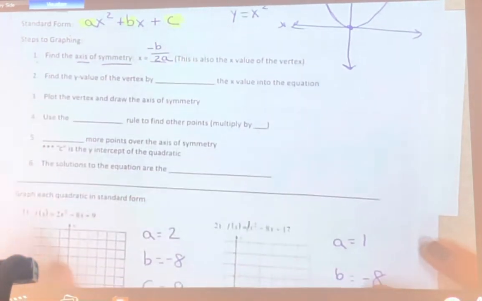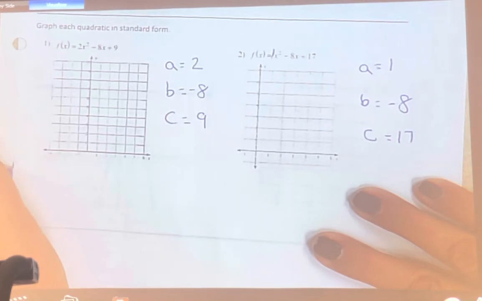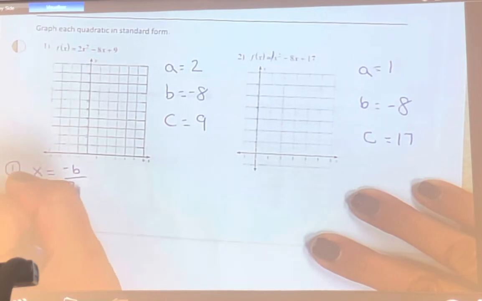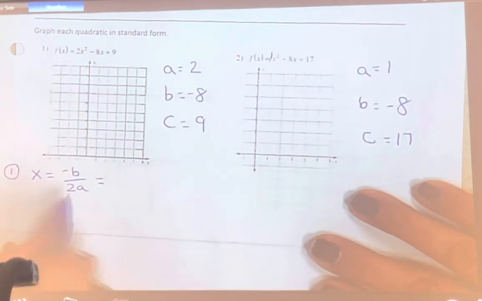Okay, so let's do number 1 first. So step 1, x equals negative b over 2a. So you're going to write that 5 times today because we're going to do 5 problems. So you're going to know x equals negative b over 2a. You're going to be saying it in your sleep tonight.